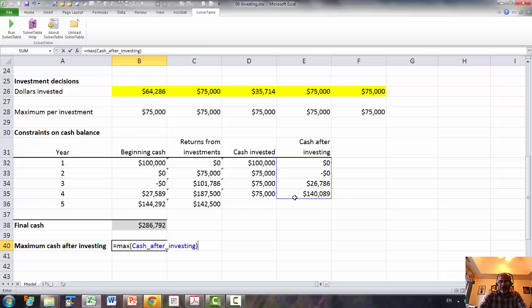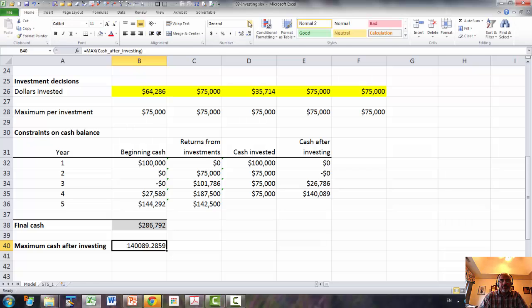Okay, let's format this to currency format, and we'll take away the decimal places. Now this is what we want as output. Okay, so whenever you have an output that is not explicitly calculated in the model, you have to calculate it separately and then use it in your solver table.